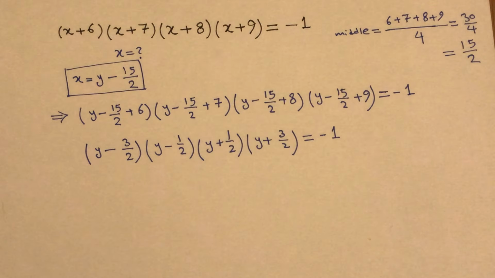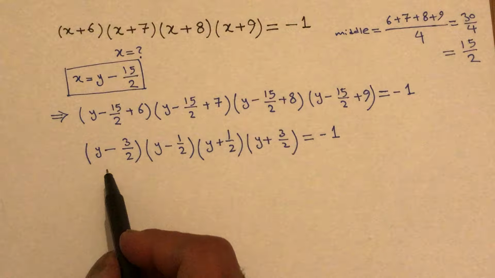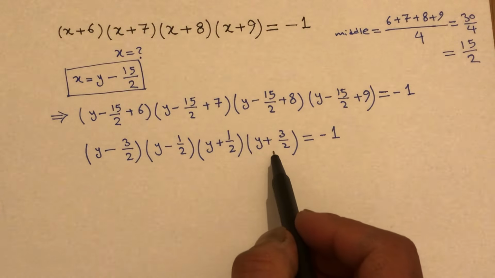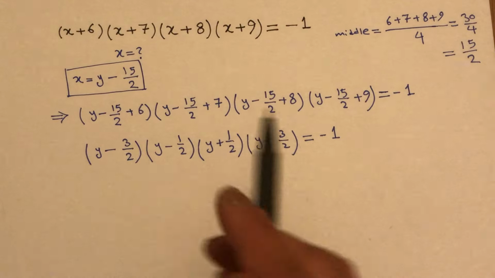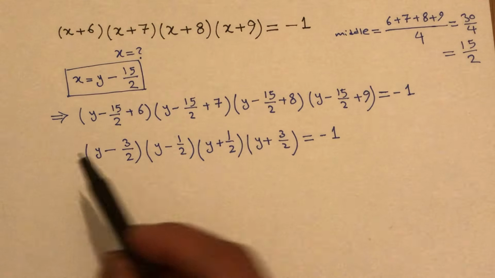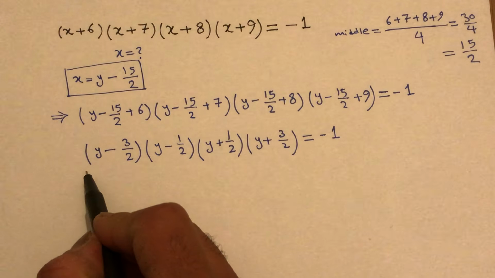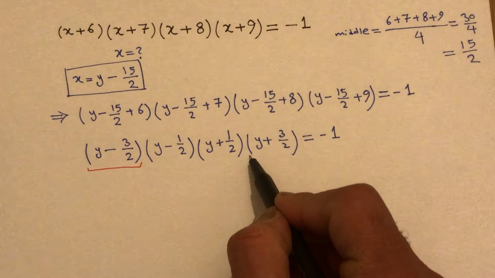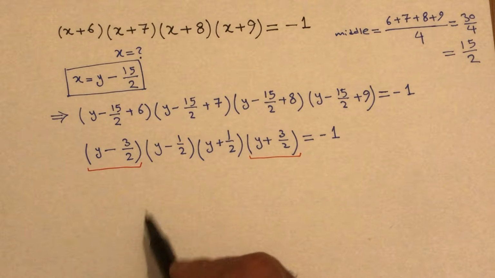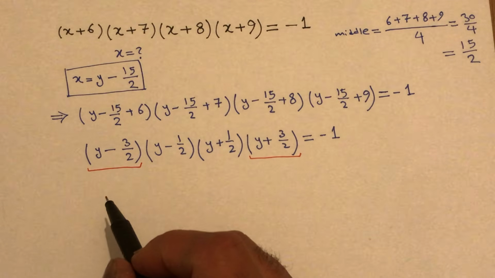And you can see the result of choosing this middle point is that in these 4 terms the paired terms are very similar to each other. I can show with another color, y minus 3 over 2 is very similar to this one, just the sign is minus here and plus here.